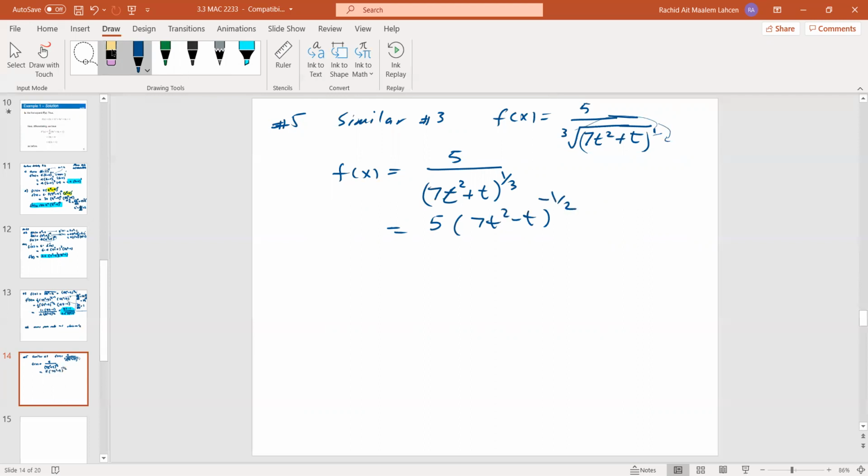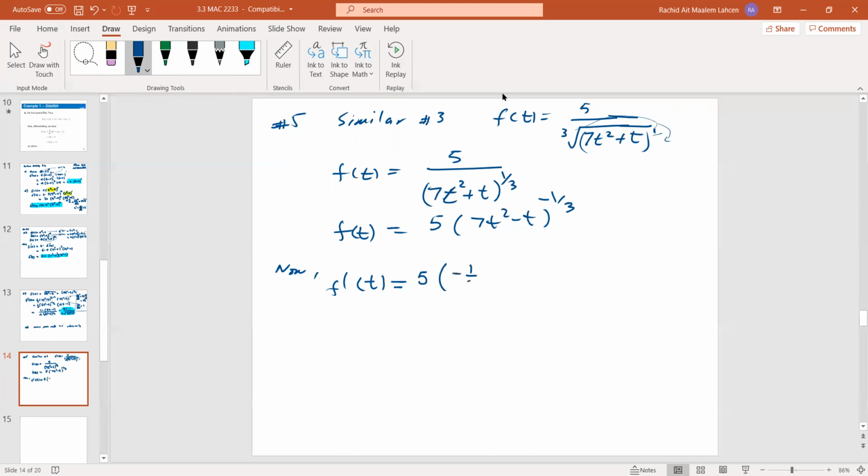So once you prepare it, once you put it in this form, then it becomes familiar. So now we can differentiate with respect to t. Here it's not correct: if we have t, then it's f of t, not x. And that's it. So we do 5, it's a multiple sitting there.